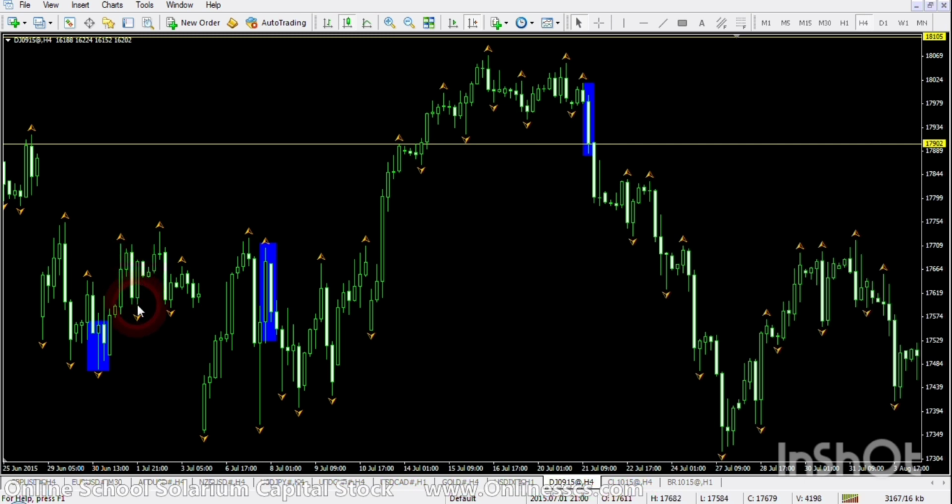Like here, I had a pivot here, so it has opened the price and has gone down. And, I'm sorry, it came back up. It's a low pivot, a swing low pivot.